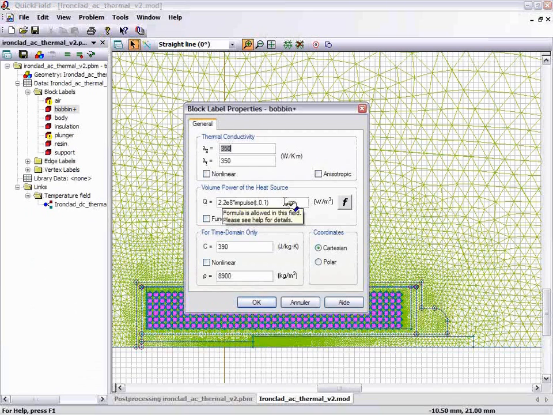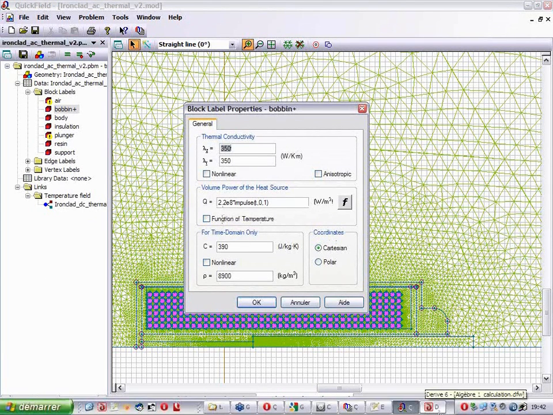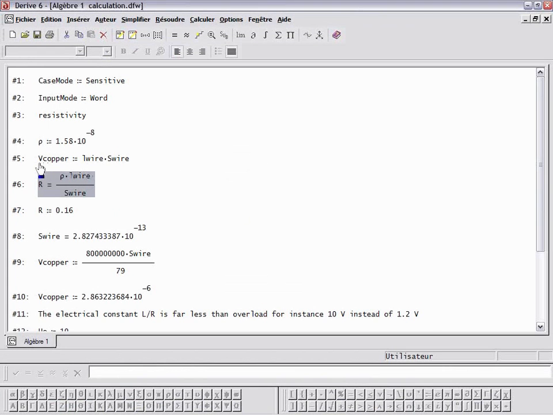I just simply use this formula. The volume power for the heat source in QuickField is defined in watt per cubic meter, so you have to calculate it before.